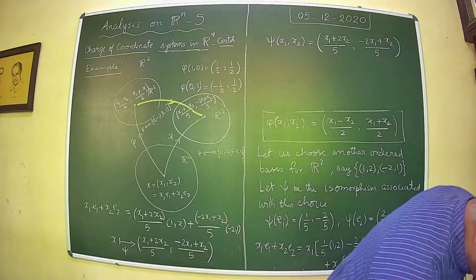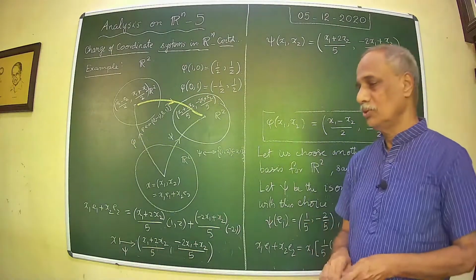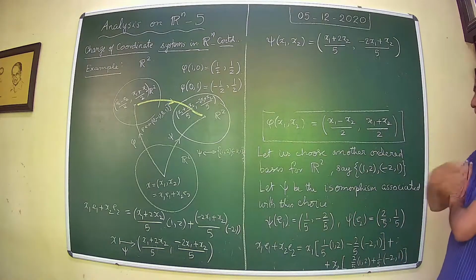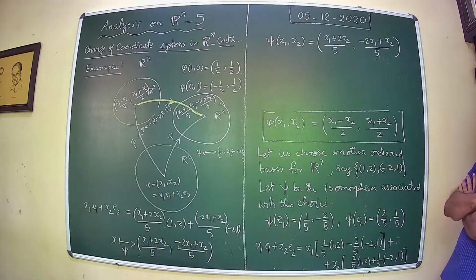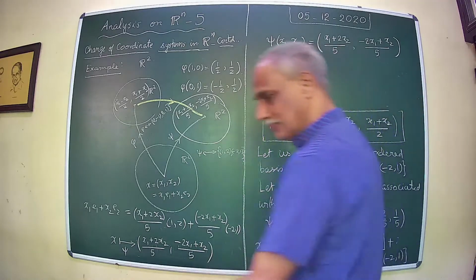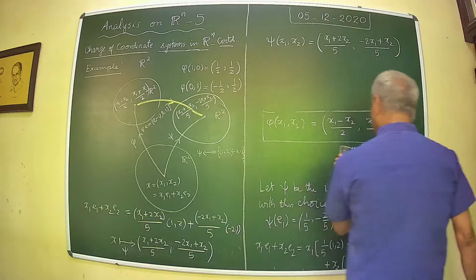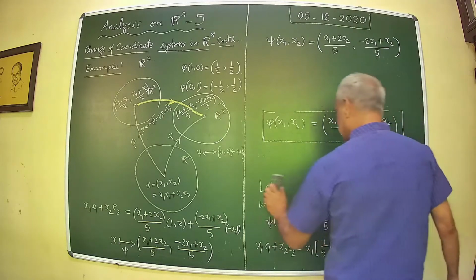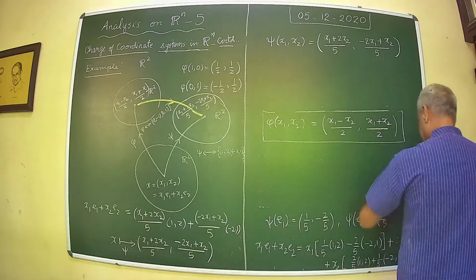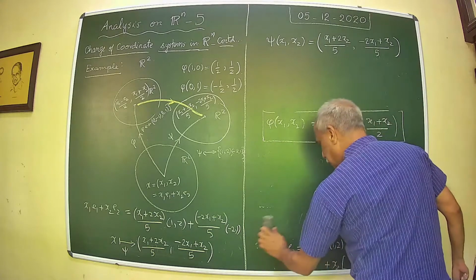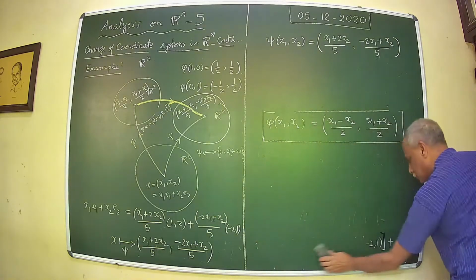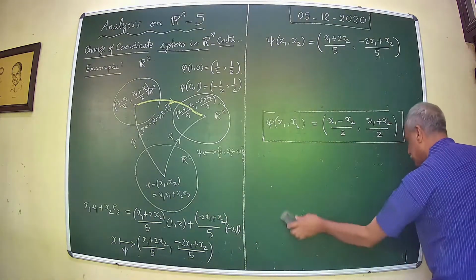Now here you see that you have certain advantages. Again, let us look at both phi and psi. The point (x1, x2) that you have chosen is a generic point.